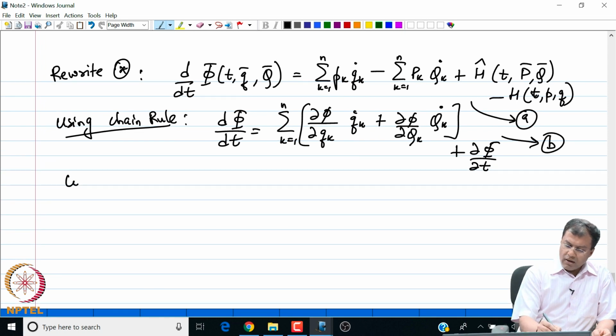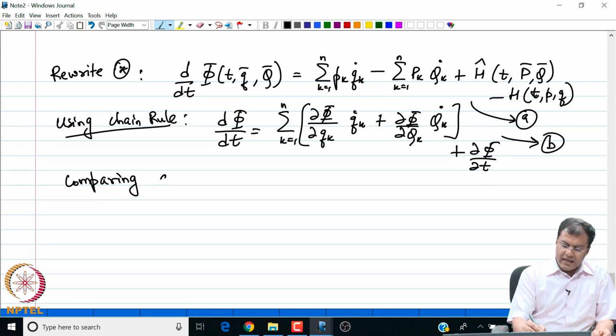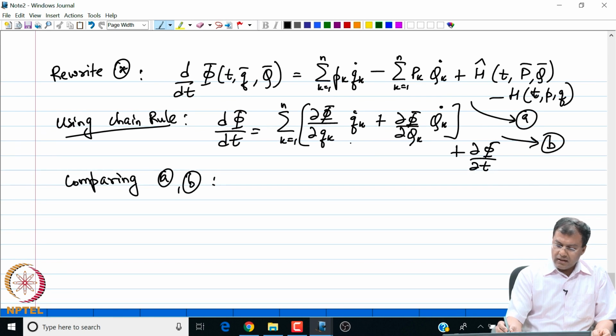So now I am going to compare. What I am trying to do is find an appropriate equation for this generating function, capital Phi. Comparing A and B, note that the coefficient of Qk dot is Pk.